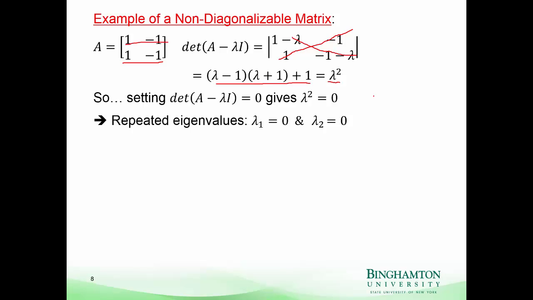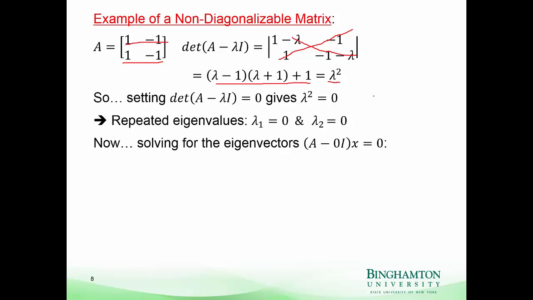So now listen carefully. The fact that it's not diagonalizable is not because the eigenvalue is 0. It's because it's repeated, and it's not just because it's repeated, it's that we only have one eigenvector. It's the same eigenvector for each of those 2 eigenvalues. So that's the problem.